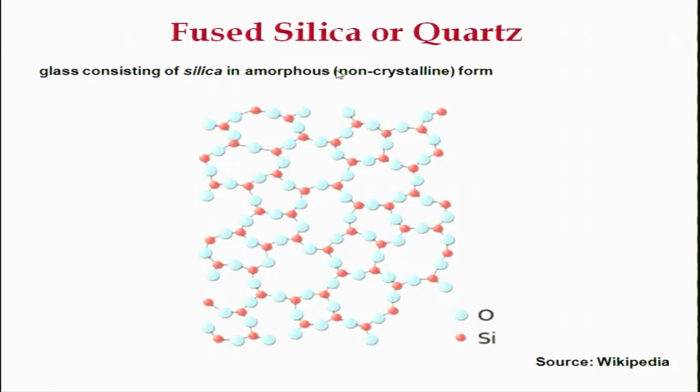It's 99.8, 99.9% pure silica. So basically, it's a glass which consists of silica only, but in amorphous or non-crystalline form. Here you can see that you have each oxygen atom. These are silicon atoms, these ones, and these are oxygen atoms.